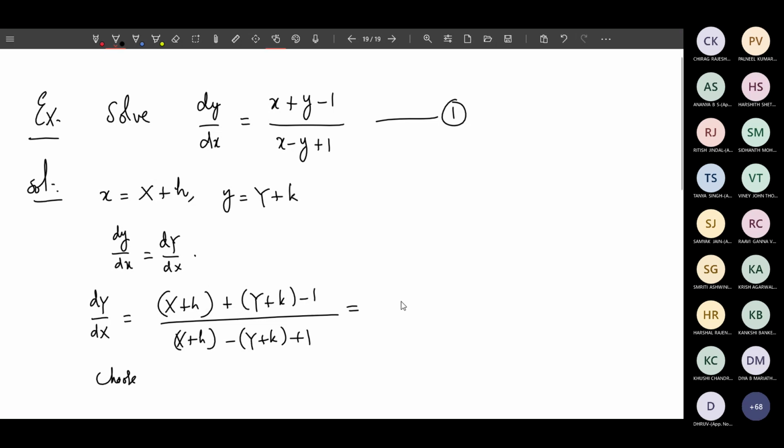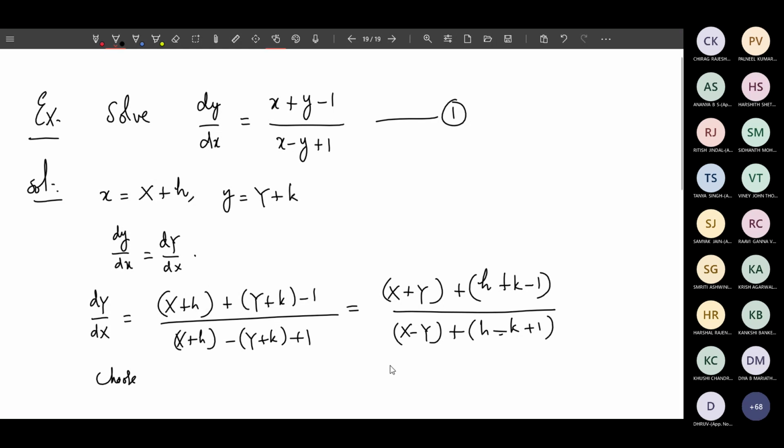This is the same as, of course, I'll write this as x plus y plus the h and k terms separately. That means h plus k times minus 1, and here x minus y, the rest of the terms. In the first one it is h minus y plus k, that is k, and plus 1.